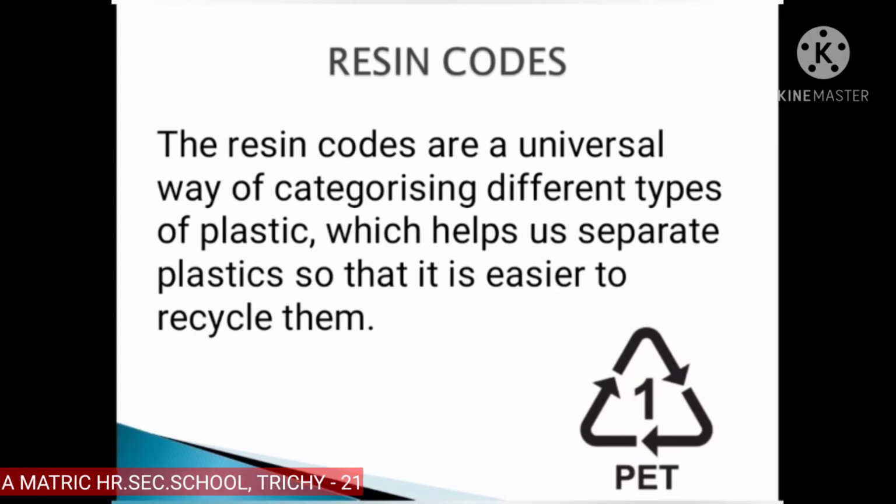What letters are below this? This is what we call a resin code. If the number is 1 within the chasing arrow triangle, and/or has the acronym PET or PETE, then it is a type of plastic which is called PET.